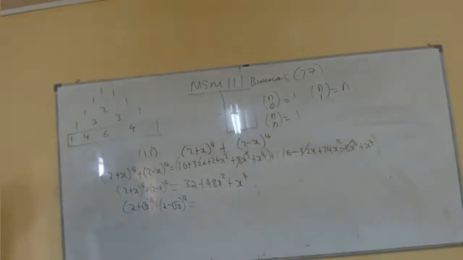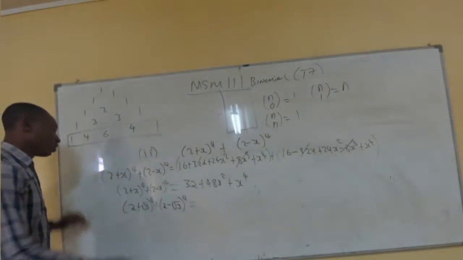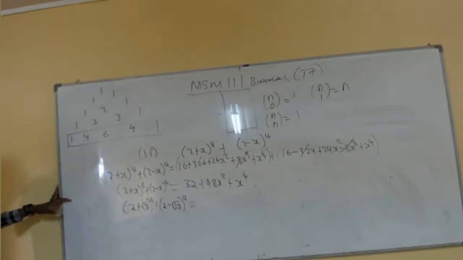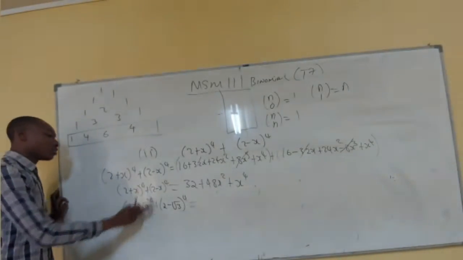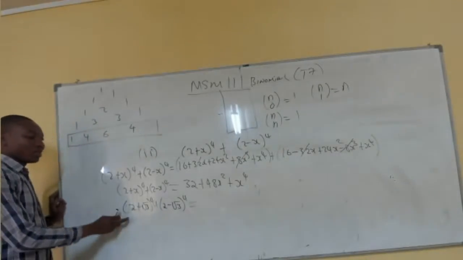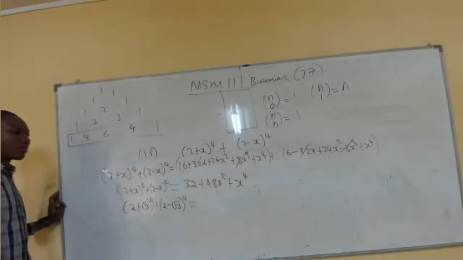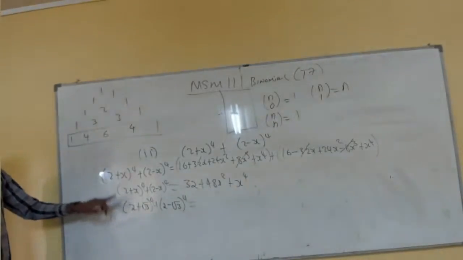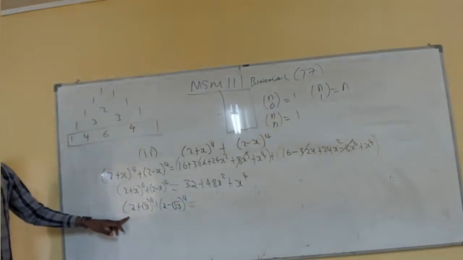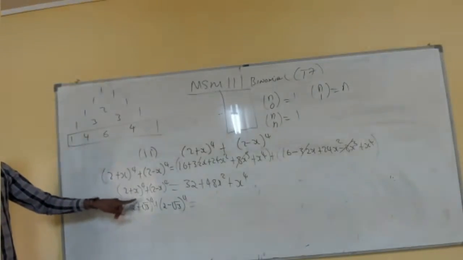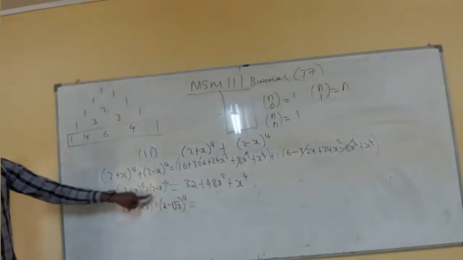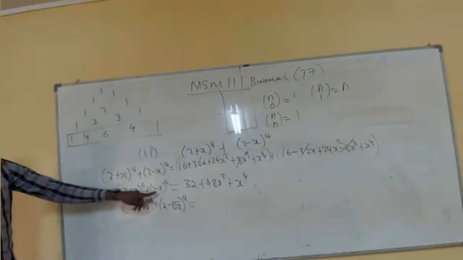If you consider these two, what you will notice is that this looks exactly like this. So this and this are exactly the same. If 2 is 2, then what is x? Then x is actually root of 3. Don't consider the minus here, x is still root of 3.